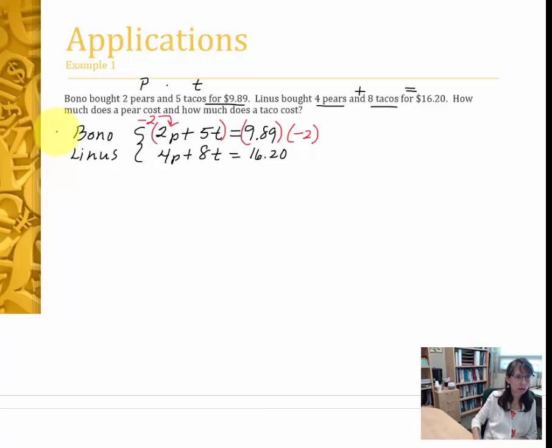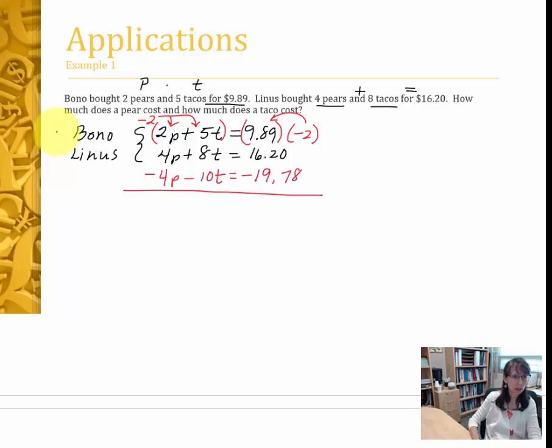So let's distribute this -2, and we'll have -4p and then -10t, and when we multiply -2 times $9.89, we're going to have -19.78.